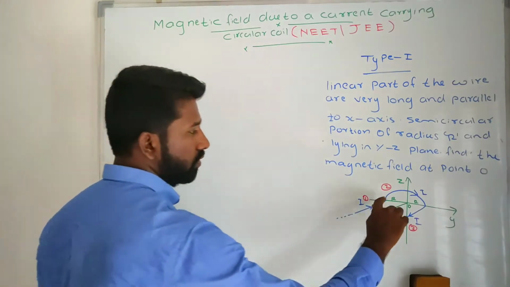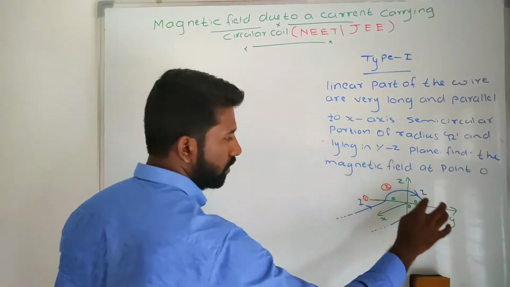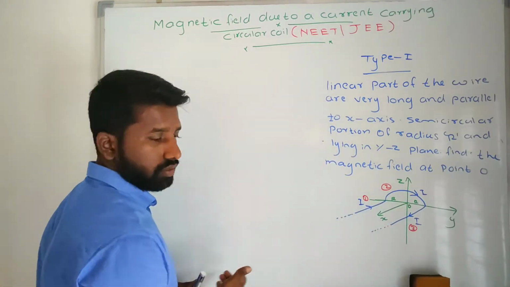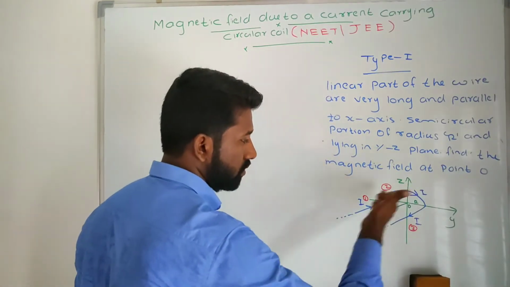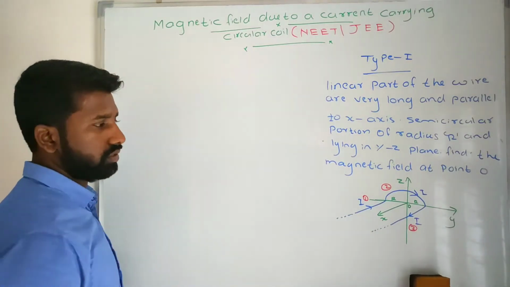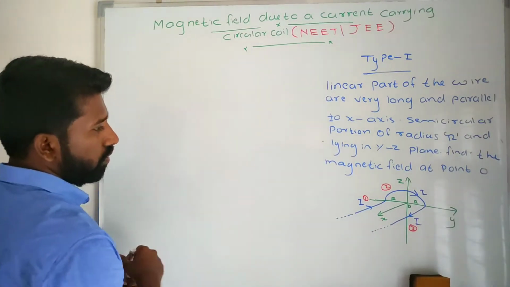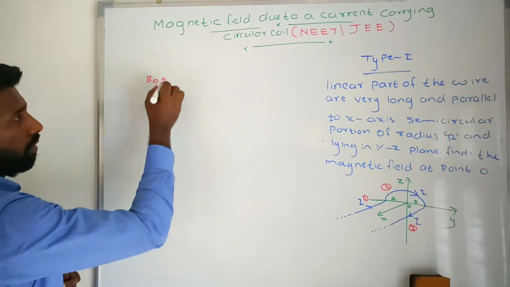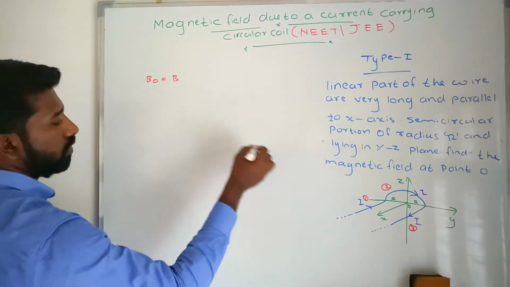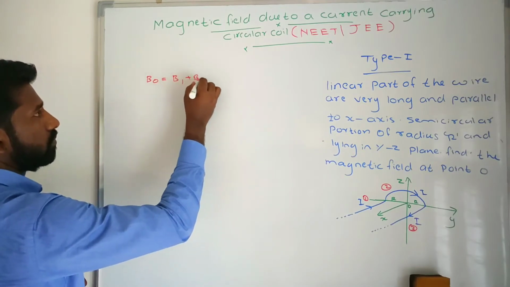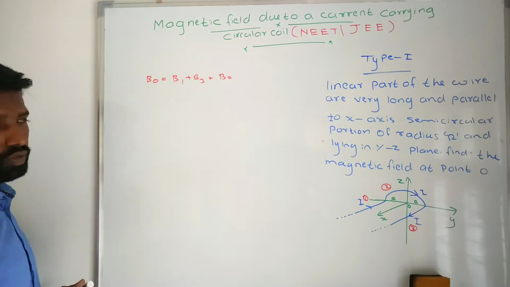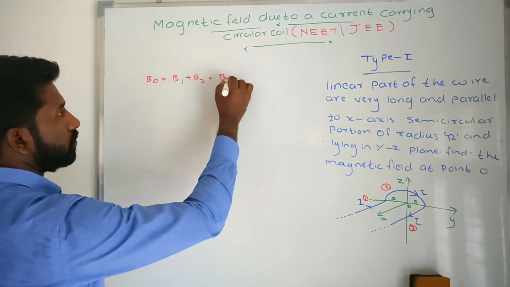This semicircular loop is in the YZ plane, and the long wires, 1 and 3, are parallel to the x-axis. So the magnetic field at the point O is the magnetic field due to the two linear portions, that is B1 plus B3, plus the magnetic field due to the semicircular loop, that is B2.